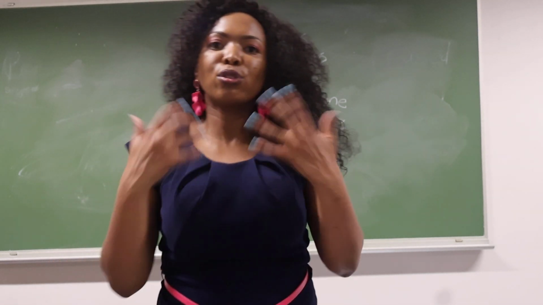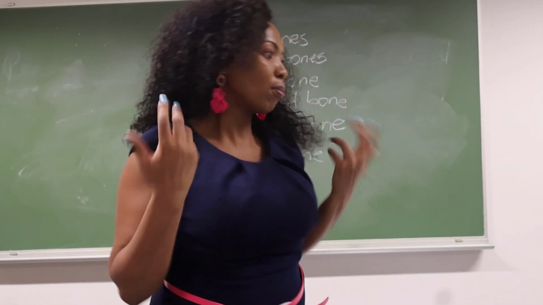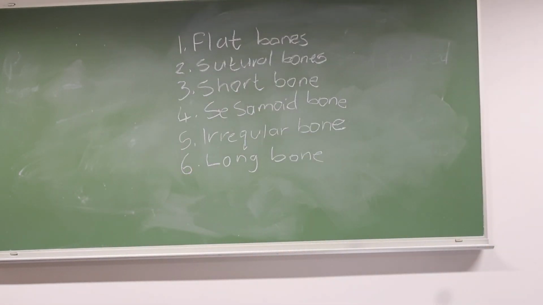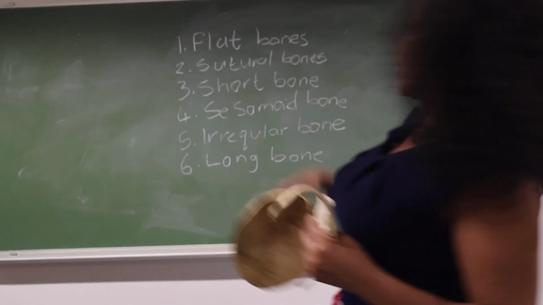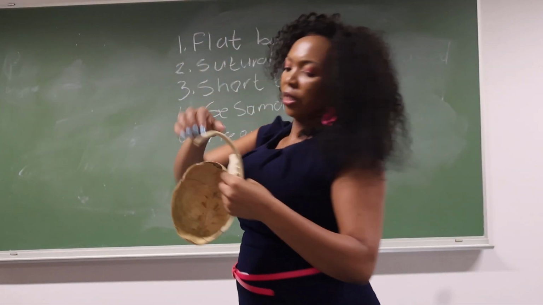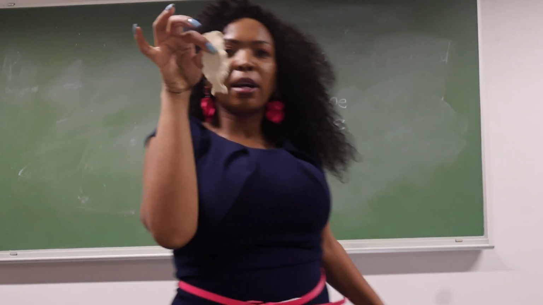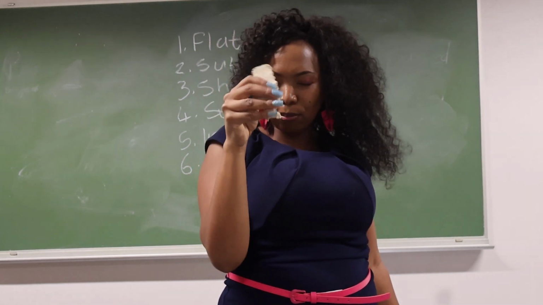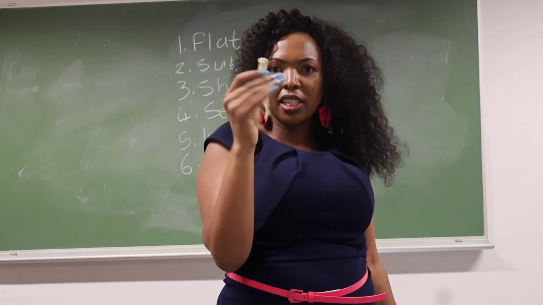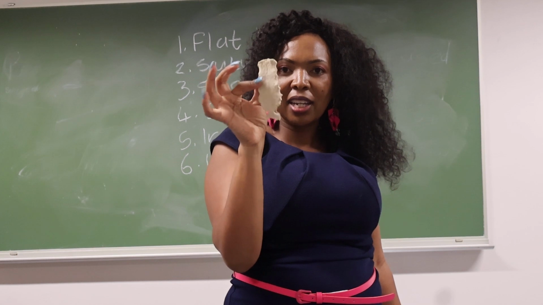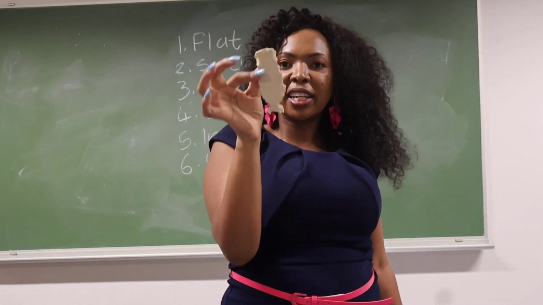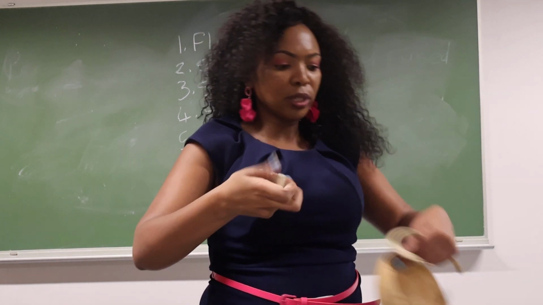So now I am going to demonstrate to you the different bones. So, examples of flat bones. This is the sternum. It's a flat bone. Can you see its structure? Its shape is regarded as a flat bone.